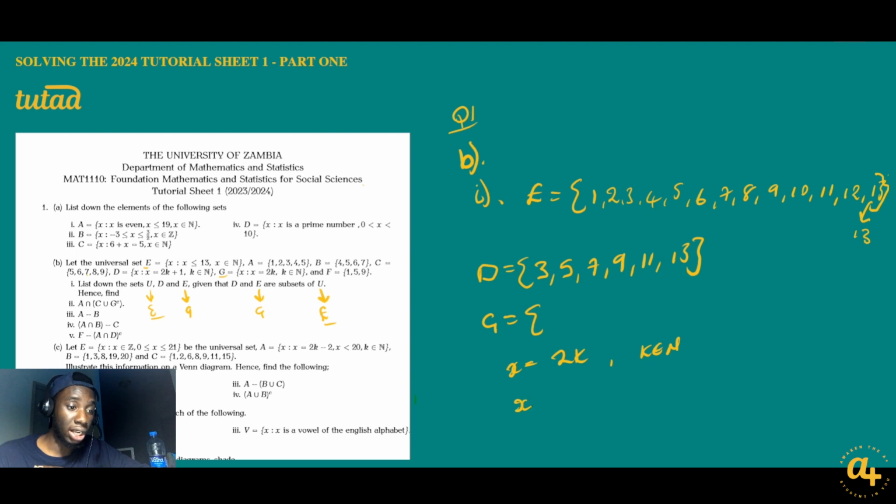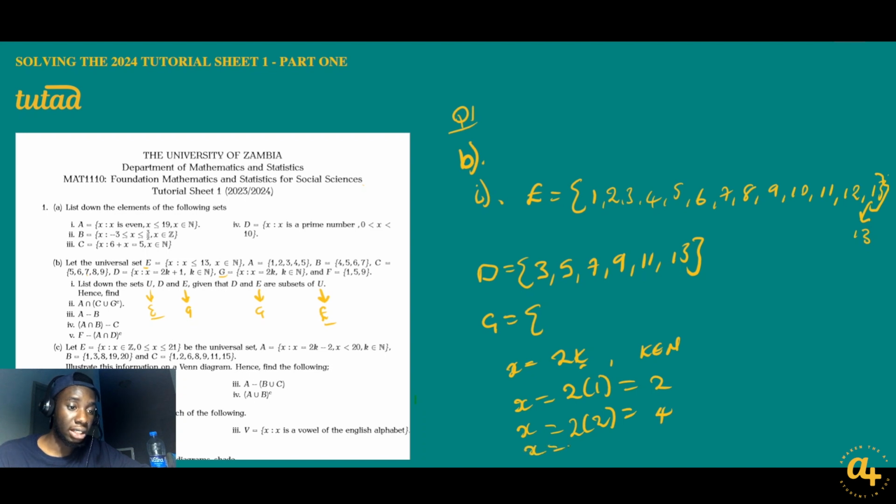So in order for us to find x, we are going to have to substitute k for some of the numbers in the set of natural numbers. So let's do that. So 2 times 1, okay, is going to give us what? Is going to give us 2. And then x is equal to 2 times 2, which is just going to give us 4.